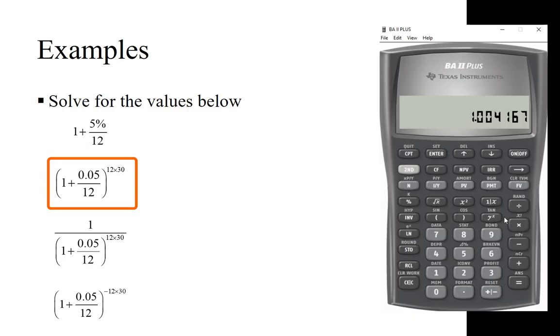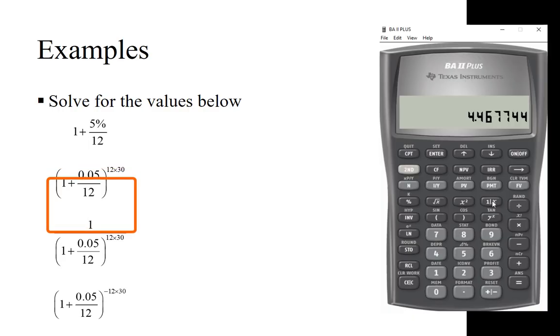So we have, again, our exponent function, y to the x. We're going to use an open parenthesis, 12 times 30. And when we close that, we know that that's going to be 360. And then when we type in equals, we'll see that that number is 4.467744.